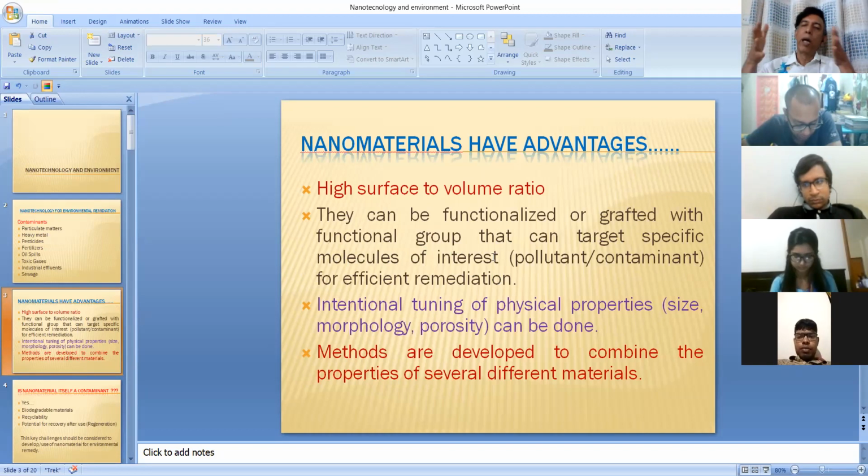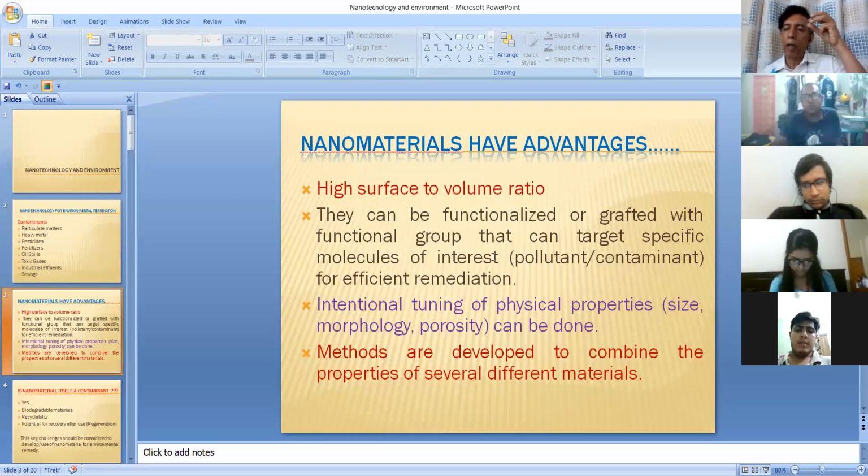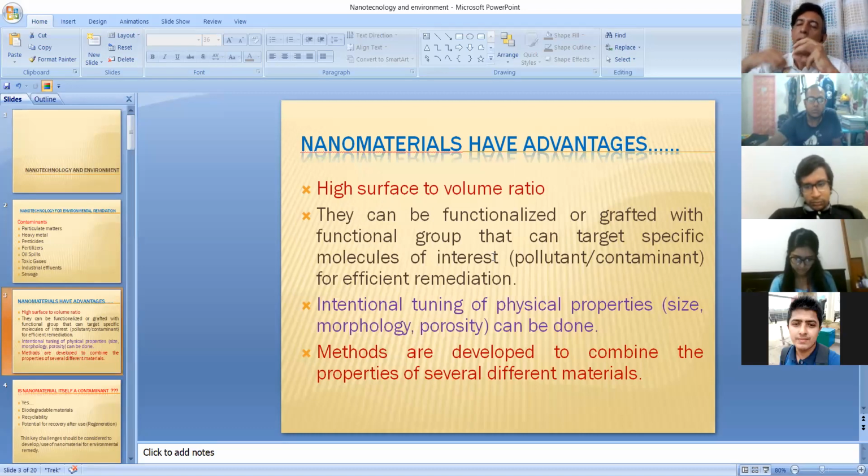Say, for example, a heavy metal, copper. Copper is present in a solution. Now we have to remove the copper from that solution. So I can disperse a nanomaterial in the solution which has an NH2 group grafted on it.